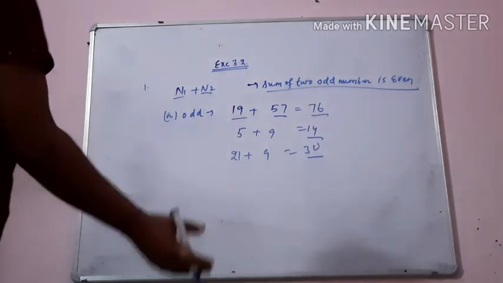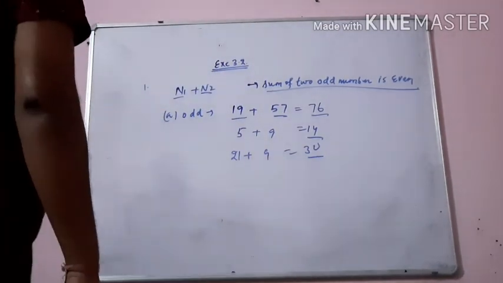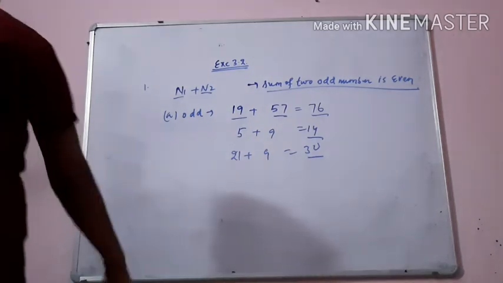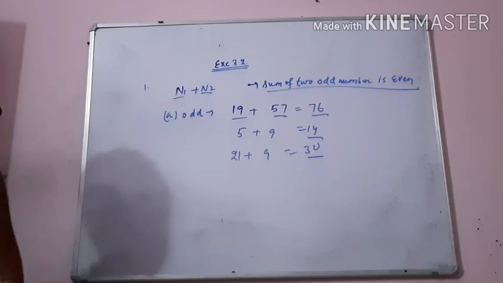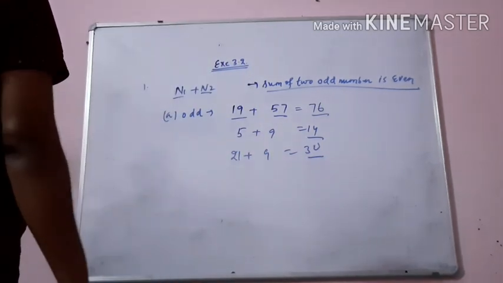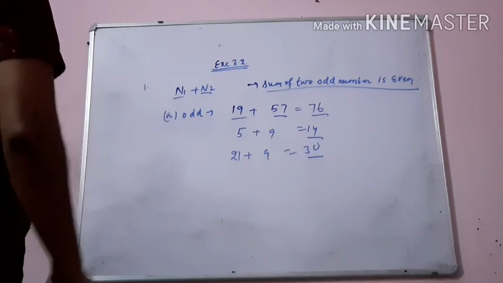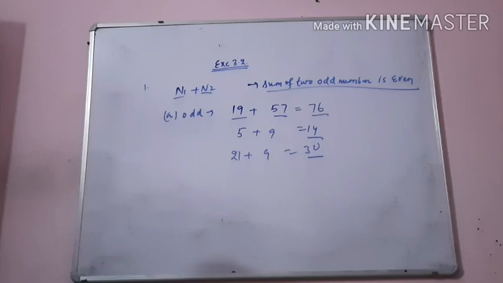Sum of 3 odd numbers will be odd. So when we are talking about the sum of odd numbers, you remember, when the count of odd numbers is divisible by 2, then the sum will be even. If it is odd, then the sum will be odd.